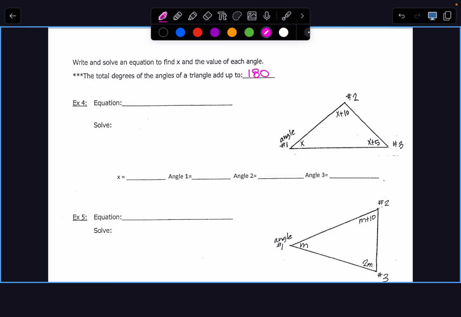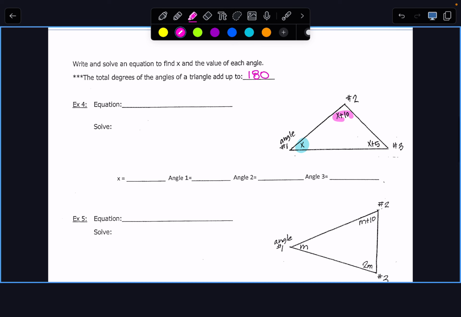Okay. So when we look at this picture over here, we have angle 1 is x, angle 2 is x plus 10, and angle 3 is x plus 5. Okay, what we're going to do is we're going to take those 3 angles, and we know that their sum is 180. So we know that x plus 10 plus x plus 5 equals 180.